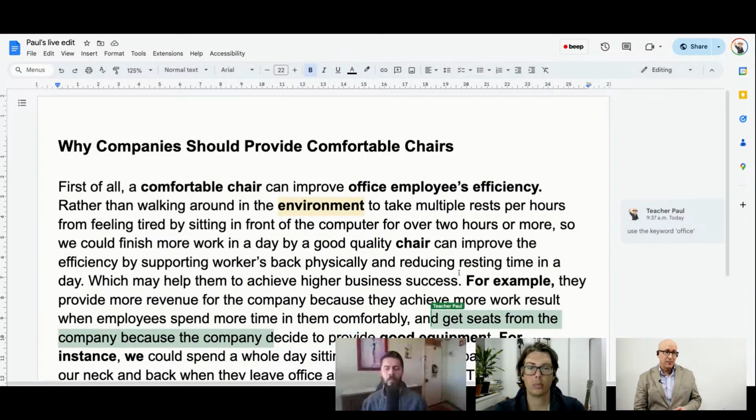The company decides to provide good equipment. It happens first in real life but they've presented it last in the sentence. And in fact, provide more revenue in real life, in the office, that happens after. That's the last thing that happens.